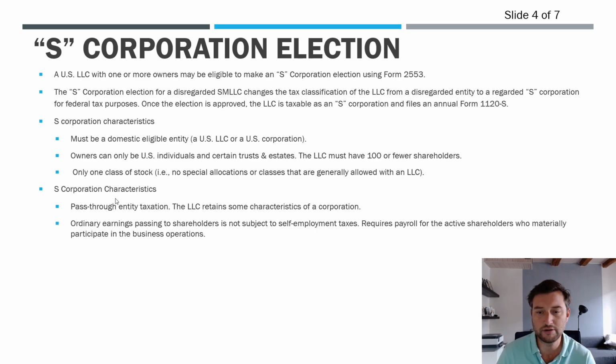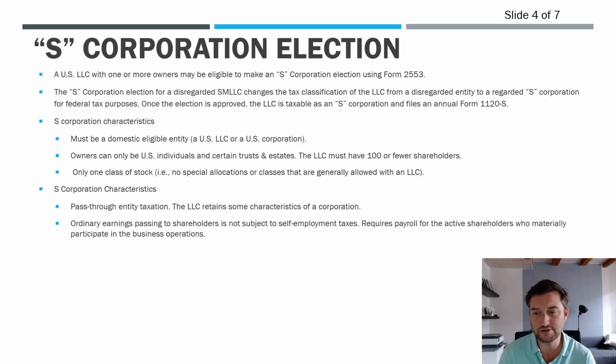Now, the ordinary earnings, this is one of the most appealing characteristics of an S Corp. The ordinary earnings that are passing through to the shareholders are subject to ordinary federal income tax, but they're not subject to self-employment tax. So this is one reason why a lot of individuals make the switch from disregarded entity to S Corp, because with the disregarded entity, most of that income is going to be subject to self-employment tax.